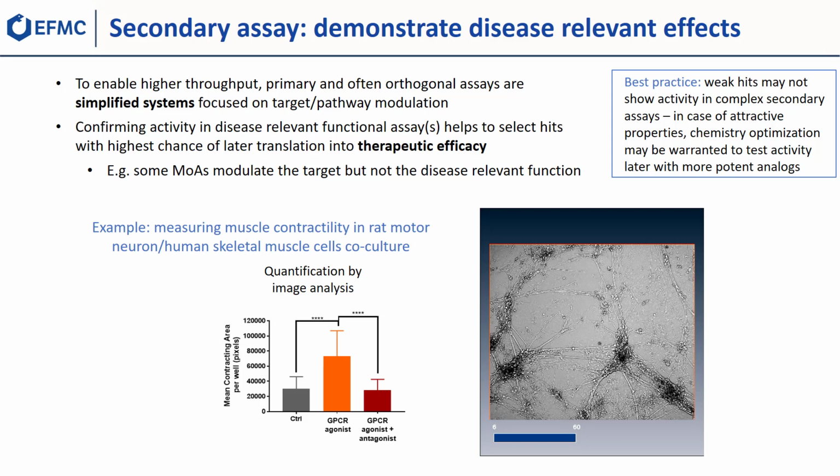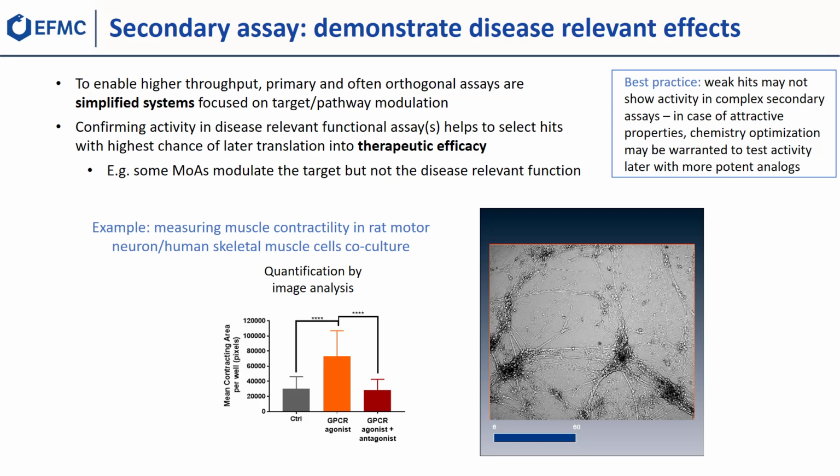If we're able to confirm in disease-relevant functional assays, then we'll be in a better position to select compounds with a higher chance to later translate into therapeutic efficacy, first in animals and then in human. As an example, some mode of action will modulate the target as wanted, but this may not translate into what you actually want to do on the disease.